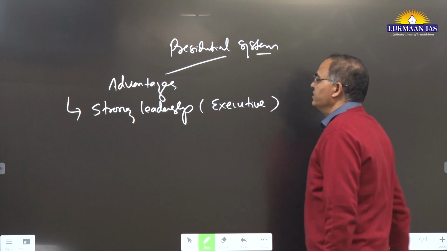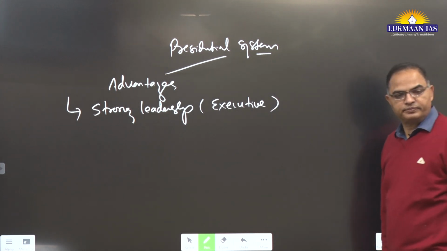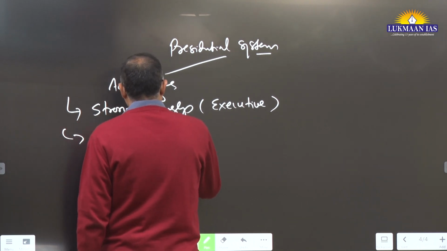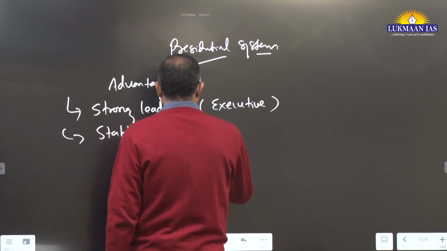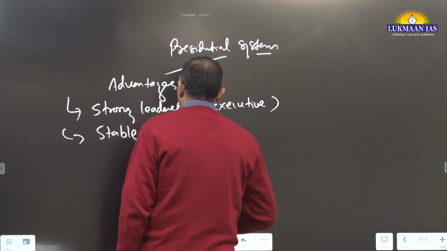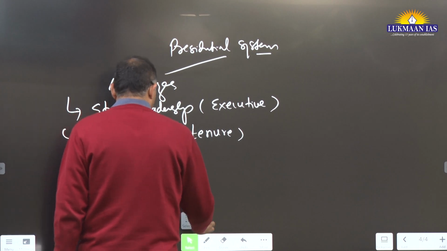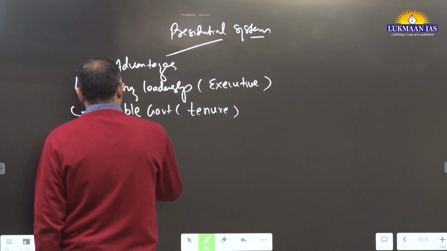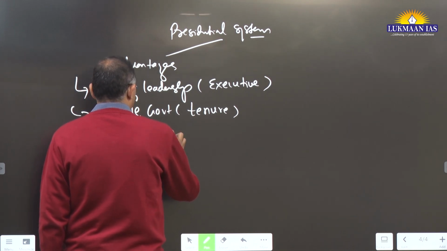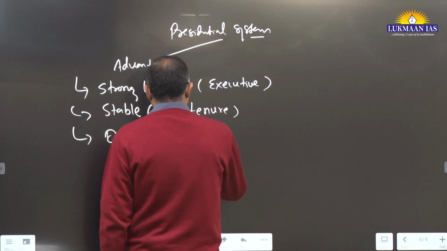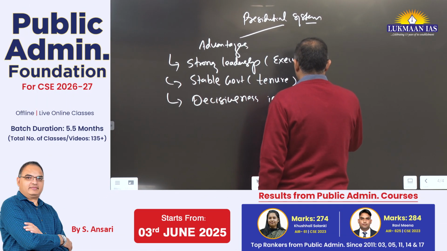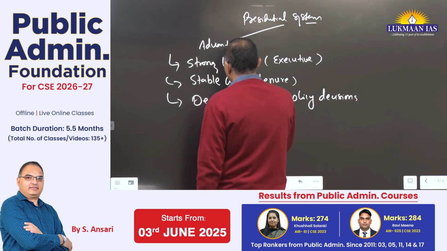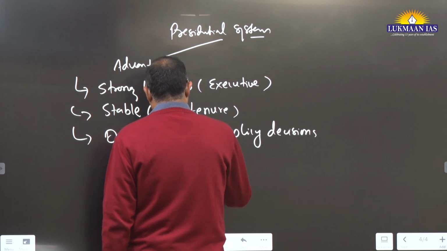You may be now understanding what strong leadership and strong executive mean. The second thing is stable government, meaning tenure. Then decisiveness in policy decisions, even radical decisions.